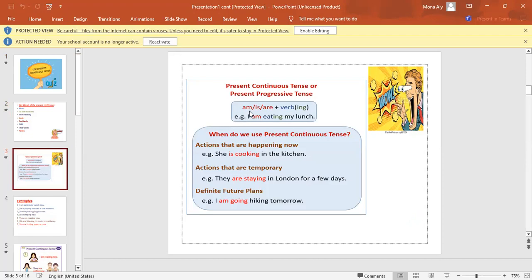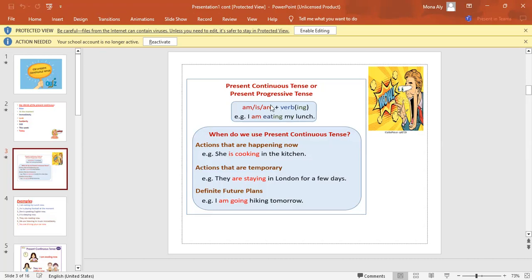I am verb ing. He, she, it is plus verb ing. They, we, you are plus verb ing. We call it the verb in the gerund, verb in the ing. So the rule of the present continuous: subject plus verb to be plus verb ing.